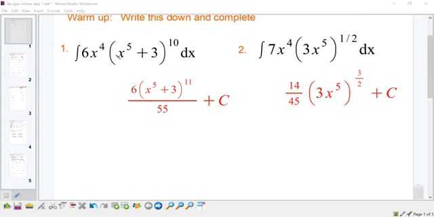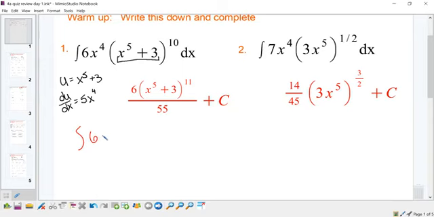For number one, I don't want to do this binomial to the 10th power. So if I make the inside our u term, then du dx is 5x to the 4th. So reorganizing my integral, that's 6 times u to the 10th, x to the 4th dx.